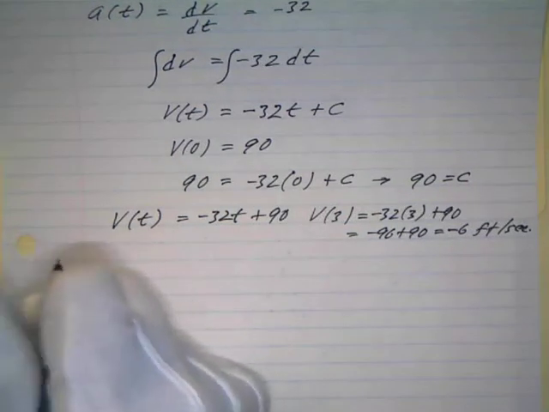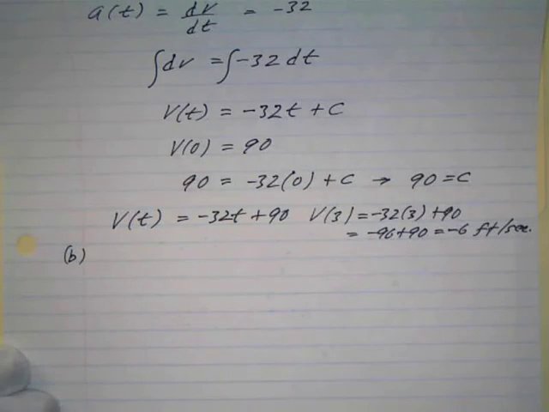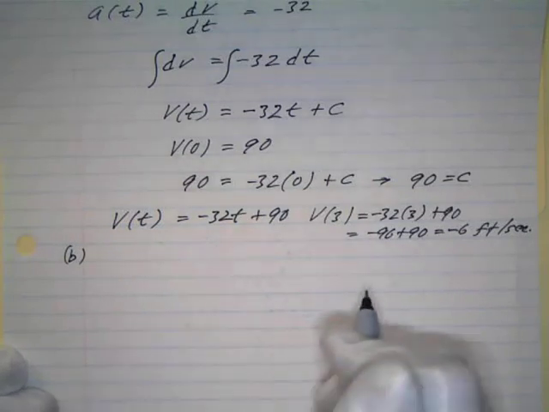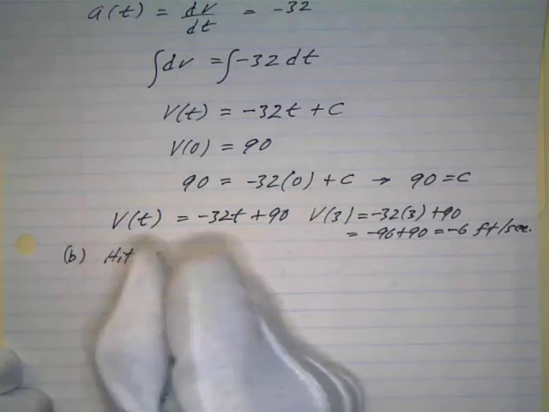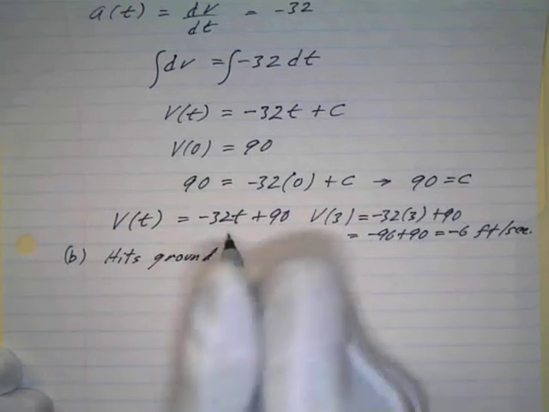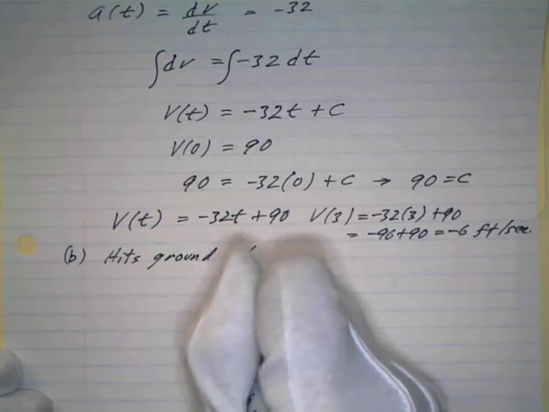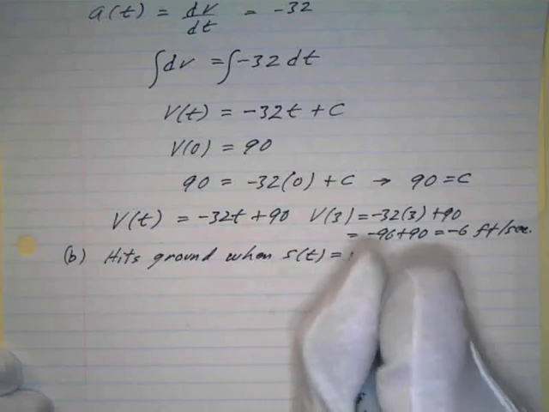Okay, letter B on the problem. They ask, when does it hit the ground? Well, when it hits the ground, its position s, as a function of time, equals 0.